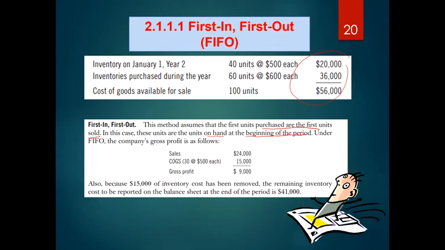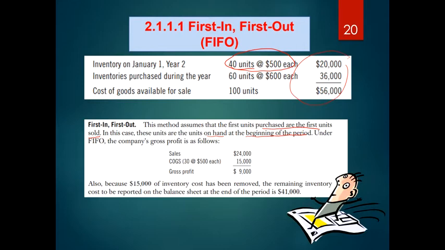Since it is first in, first out, we will take from this one only. The question actually says, now assume that 30 units are sold during the year. So 30 units are sold.